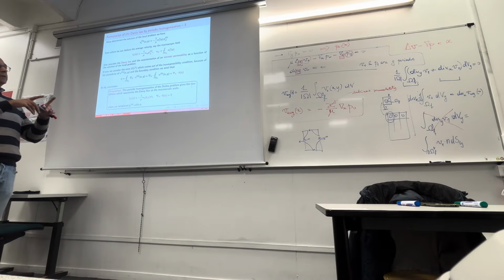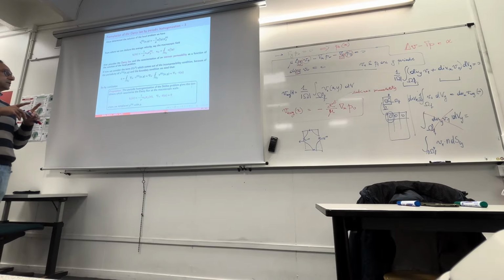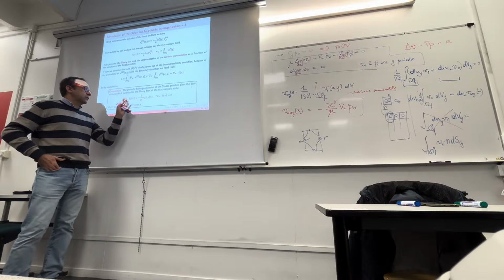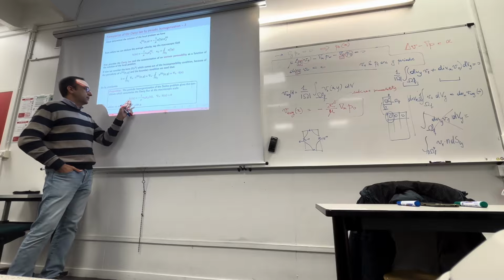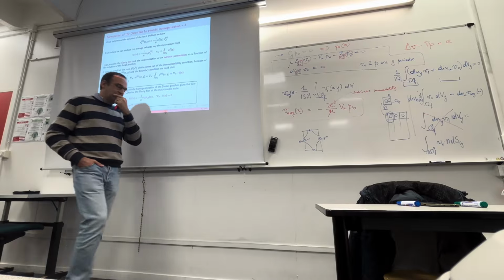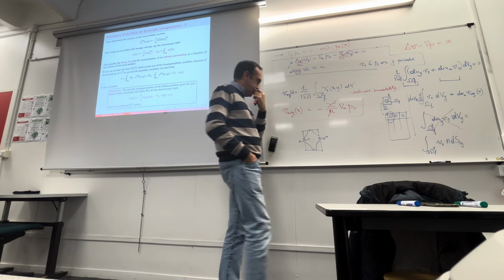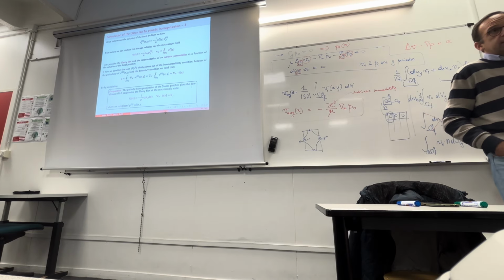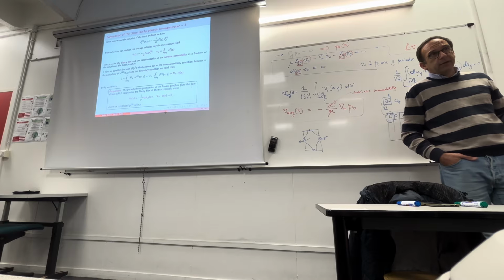Then calculating averages, we arrive at the macroscopic relation between the macroscopic velocity and the macroscopic gradient of pressure, and the equation that this macroscopic velocity should verify. So we have completely stated the macroscopic problem.